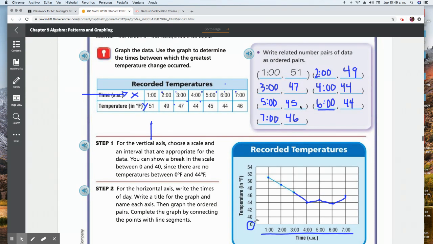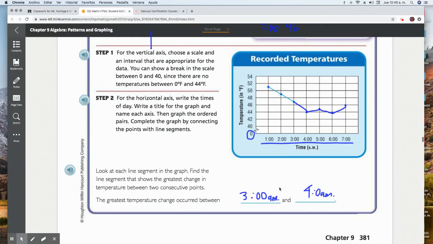Then 45 and 44, there's only a difference of 1. And 44 and 46, there's only a difference of 2. So the greatest difference is the one that we want to use to find the greatest temperature change.